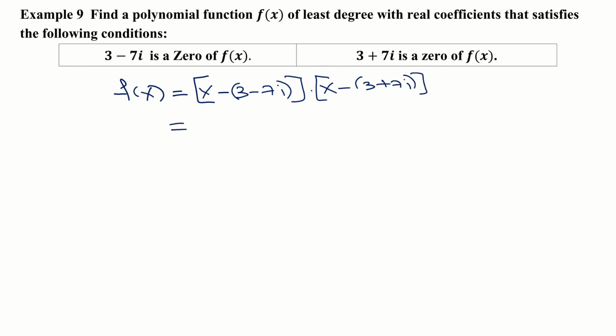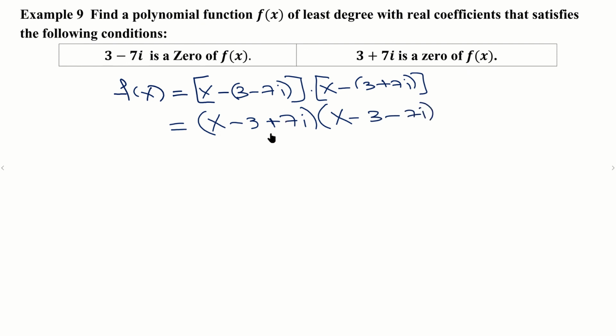So if we simplify a little bit, we get x minus 3 plus 7i times x minus 3 minus 7i, right?